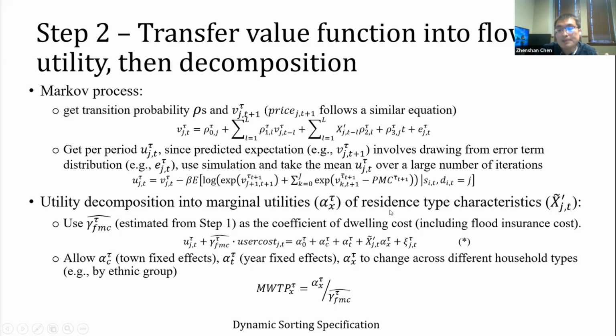But since we have limited household types and limited residence types, we have only several hundred observations in the second step estimation. So we do have some limitation in including a lot of residence type characteristics or amenities or disamenities. So we include several others, but not all of them. We do have a lot of other amenities, but we cannot include them all here.